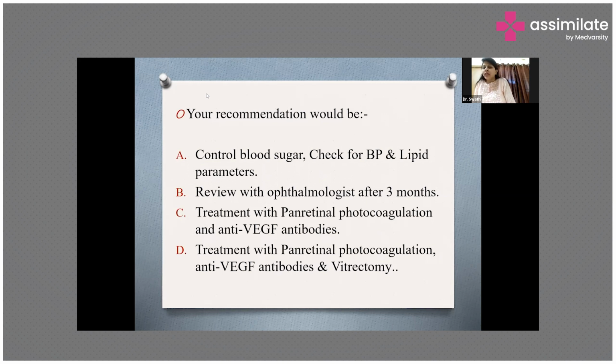And then we have to go for the last option, that is the vitrectomy. Rest, it is not advised. So this is how, depending on the classification of diabetic retinopathy, we go for the line of management.